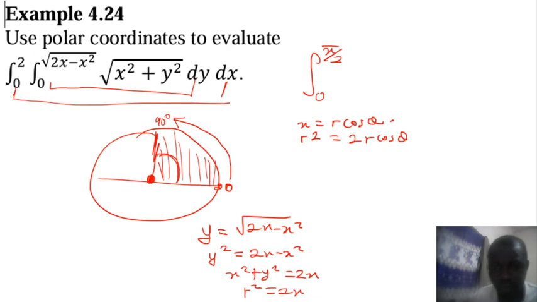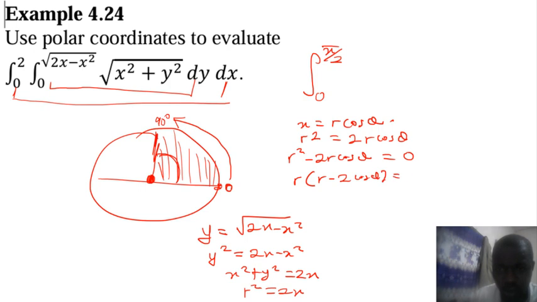So from here, we can do some factorization. r squared minus 2r cos theta should be equal to 0. Then we can factorize r out. We have r times r minus 2 cos theta equal to 0.